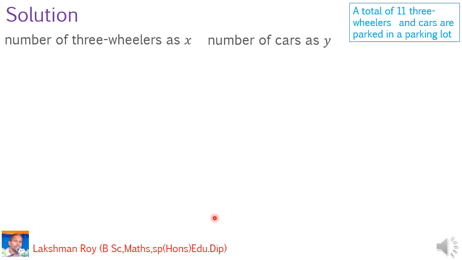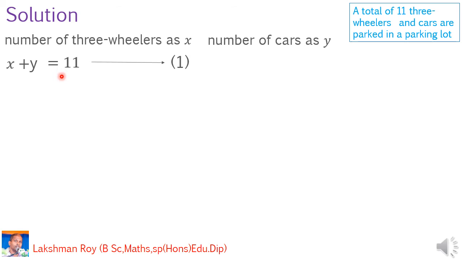Now we take the number of three-wheelers x, the number of cars y. So how to write this sentence as an equation? Addition means this is the total number of vehicles. They have given that it is equal to 11. So that is the first equation.